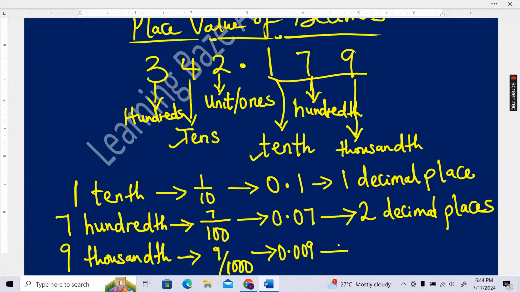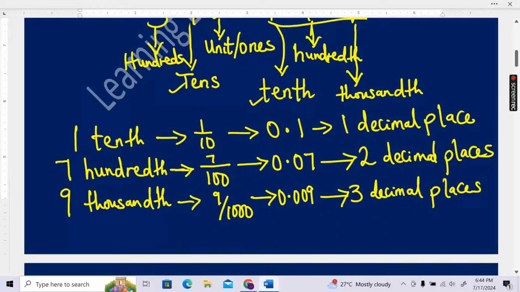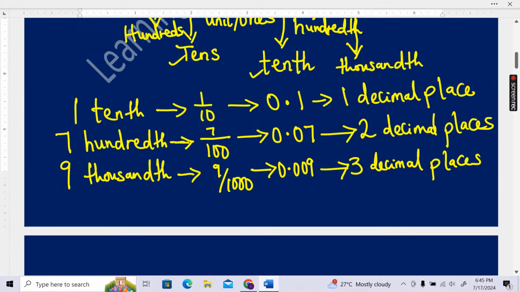It can also be said that the digit 9 is in the third decimal place, so we say this number is written correct to 3 decimal places. I hope that is clear. These are different ways in which you can write decimal numbers: the digit is in one decimal place, the second decimal place, or the third decimal place.